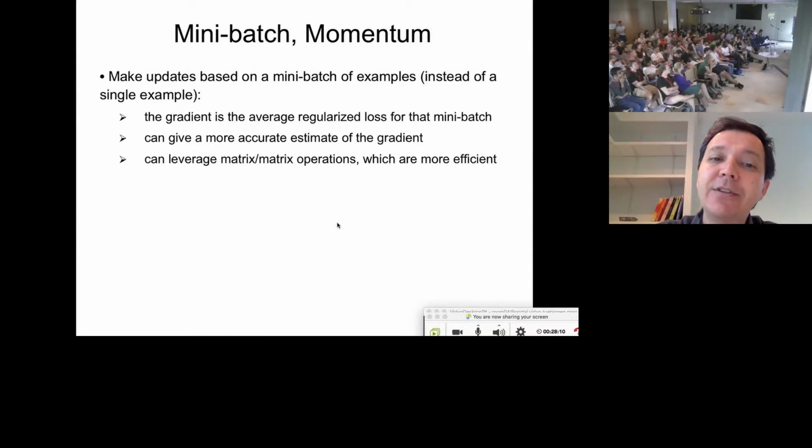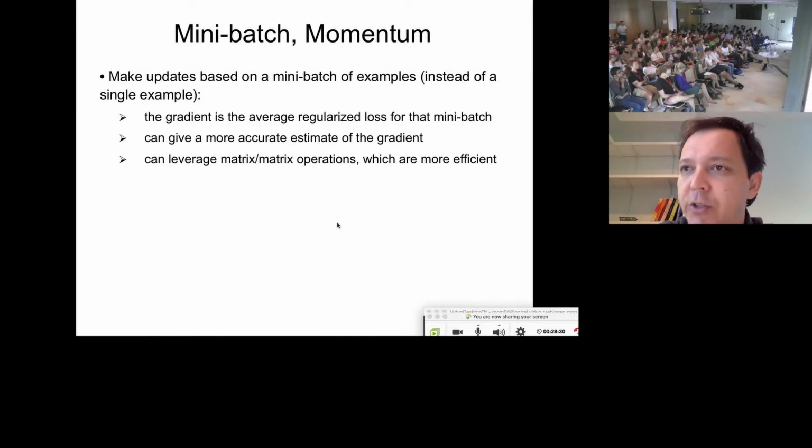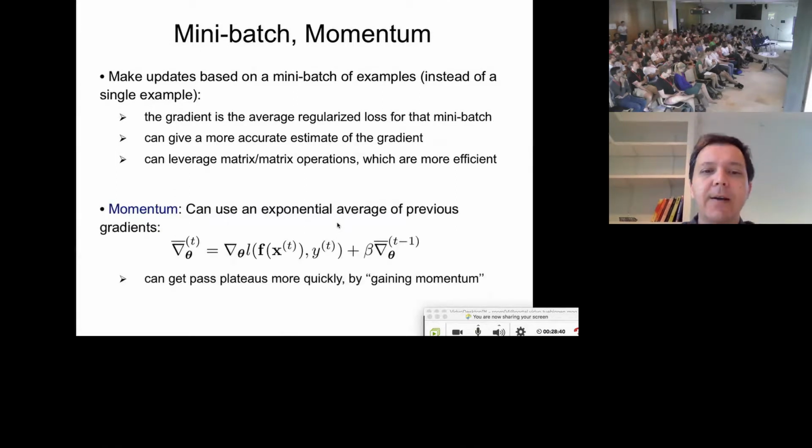It typically gives you a more accurate estimate of the gradient because you're averaging over a couple hundred examples. But more importantly, the reason why people use mini batches is because you can leverage matrix-to-matrix operations, which are far more efficient whenever, for example, using GPUs or any other sort of accelerators, because these GPUs are particularly made to be efficient for matrix-matrix operations.